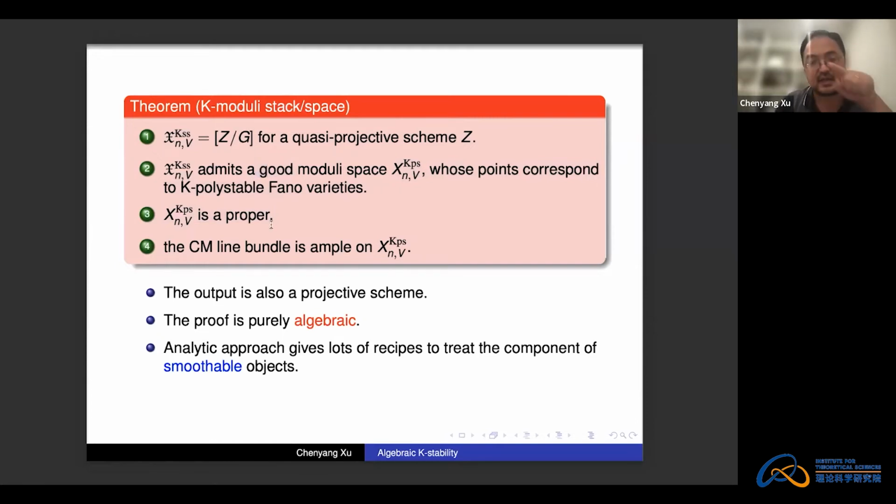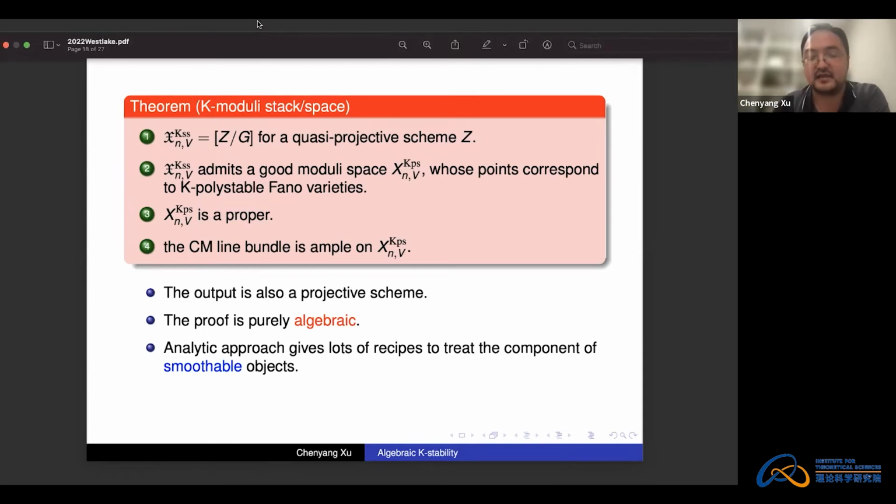But in the second step, we first prove it's separated, and then we prove it's proper, and actually it's projective, because we show some line bundle on that is ample. So again, the output is a projective scheme. And the proof of this theorem is purely algebraic, as I said.